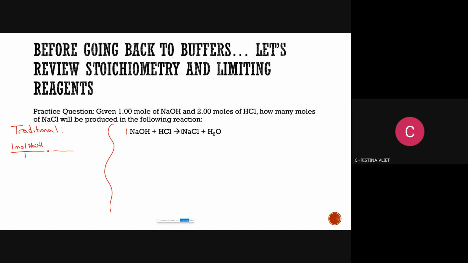But it's going to be 1 mole NaOH on the bottom. So this is called my given. 1 mole of NaCl goes on the top. And what we would do, and some of you just fill in the numbers and don't write in all your units because you just know your multiplication and division, is you divide. You cancel these out and you get 1 mole of NaCl.